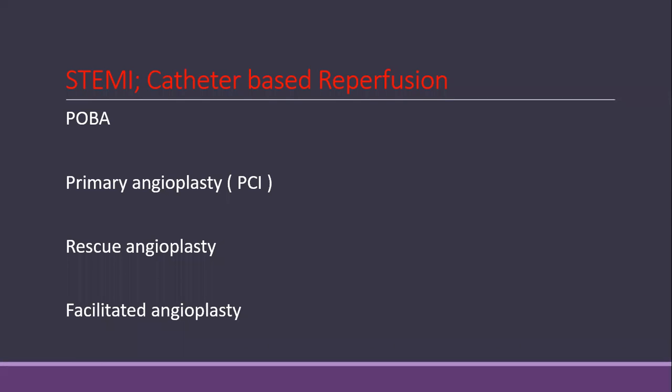Rescue angioplasty is for those patients who initially go for thrombolytic therapy, but due to failure of thrombolytic therapy the patient has no relief in chest pain or there is no resolution of the ST segment elevation, then you do the rescue angioplasty. Means after failure of thrombolytic therapy, you do the angioplasty; this is rescue angioplasty. And one term used is facilitated angioplasty, in which you initially manage the patient with thrombolytic therapy, and then you go for coronary angioplasty.